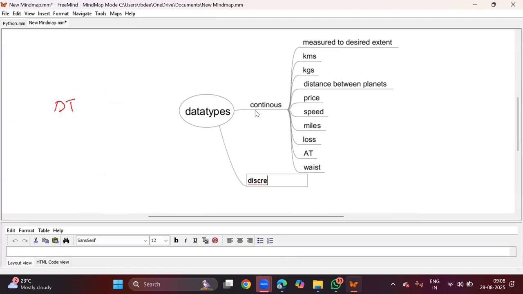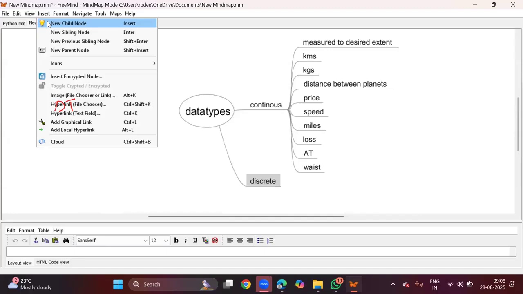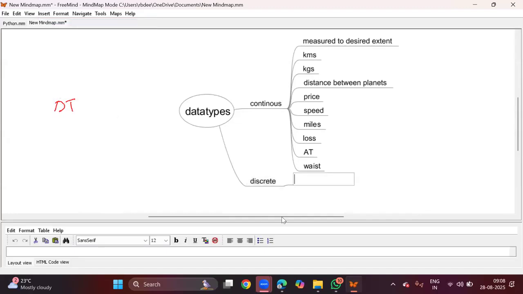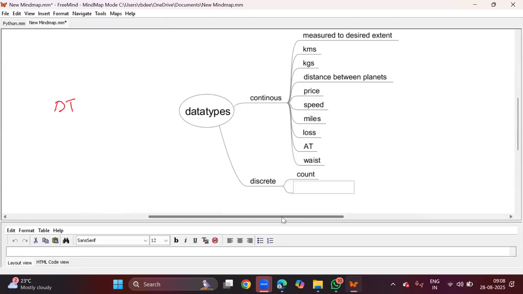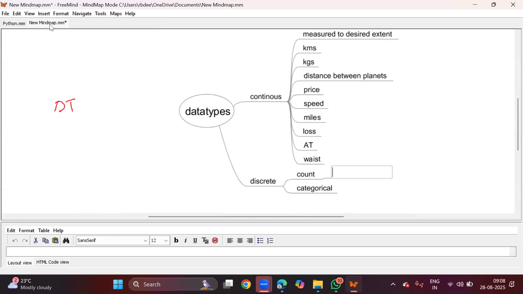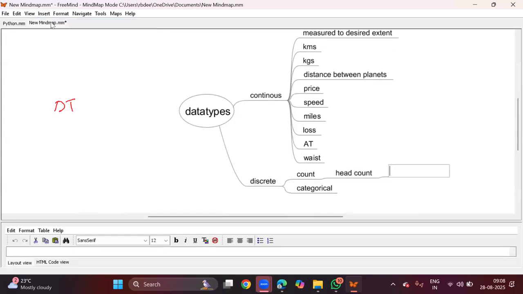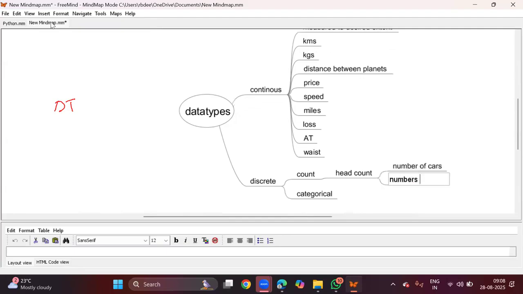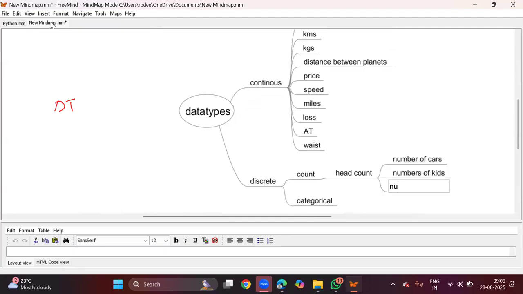Okay, what is discrete? It is nothing but count and categorical. What is count? It is a head count. What are head counts? Number of cars, number of kids, number of laptops, etc. But what is categorical?